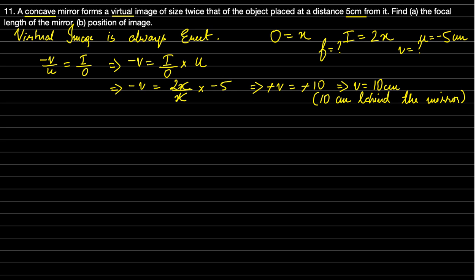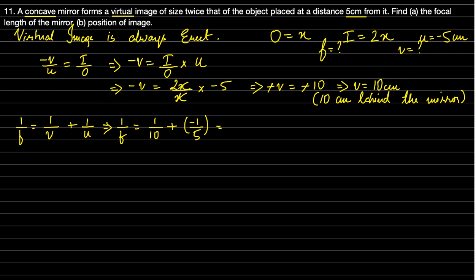Now coming to the next part of the question, which actually asks us to find the focal length, I would be using the mirror formula that happens to be 1 by f is equal to 1 divided by v plus 1 divided by u. So 1 divided by f will be equal to 1 by v is nothing but 1 divided by v is plus 10 plus 1 by u is minus 1 by 5 because u is minus 5.